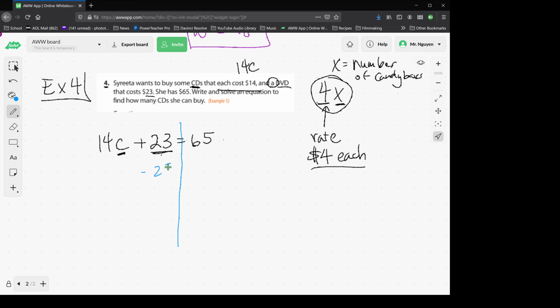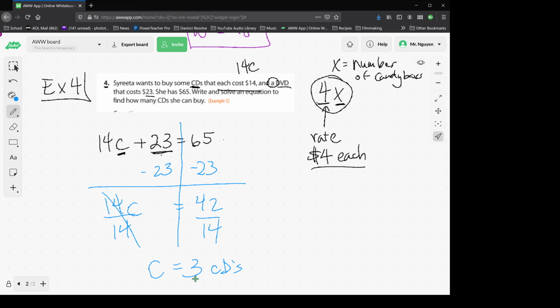So we're going to subtract 23 first. So we'll have 14c is equal to 42. Divide by 14 on both sides. So c is equal to 3. So she could buy 3 CDs.